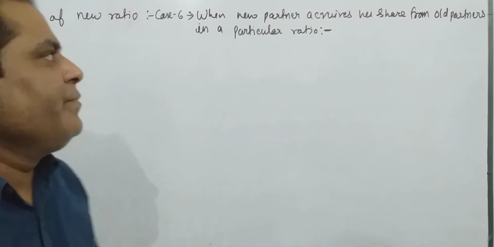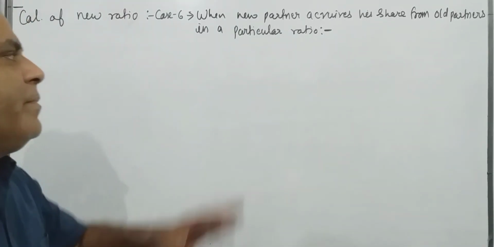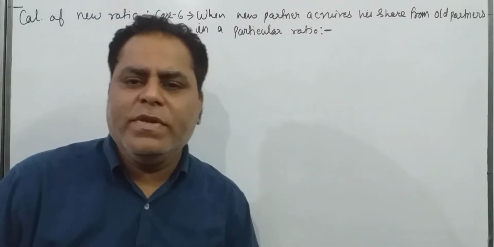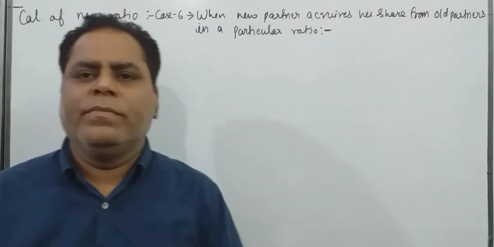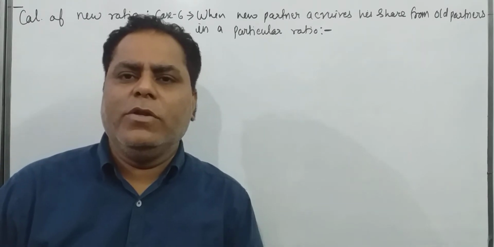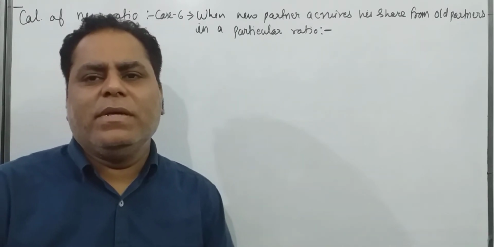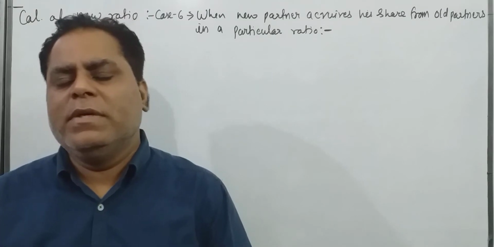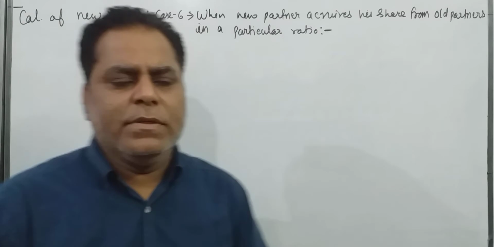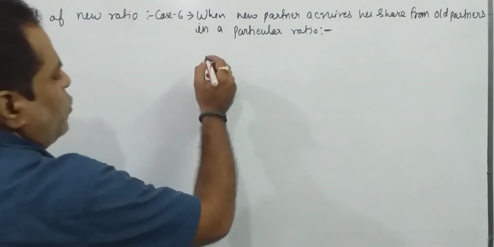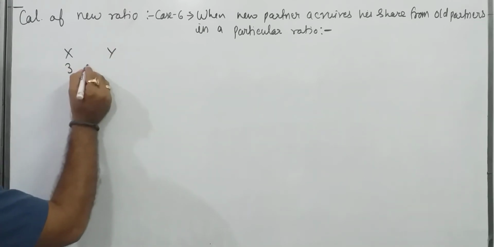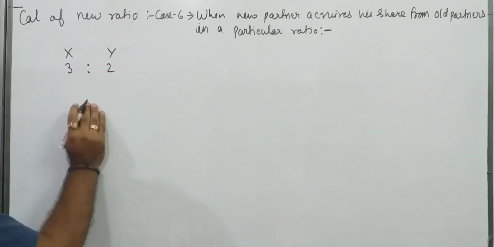So now students, I am going to explain my case number 6. In this case number 6, you will learn how to determine new ratio when a new partner acquires his share from old partners in a particular ratio. Okay, see, suppose there are two partners X and Y in the ratio 3:2.